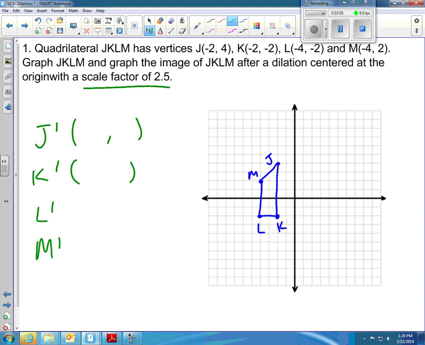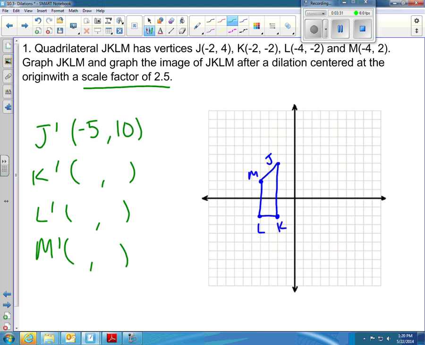So we're going to take all of our numbers and multiply by 2.5. In J, we had -2. If we take our calculator and multiply it by 2.5, we get -5. We were at 4 for our y, so 4 times 2.5 gives us a value of 10. In point K, we had -2 and -2.